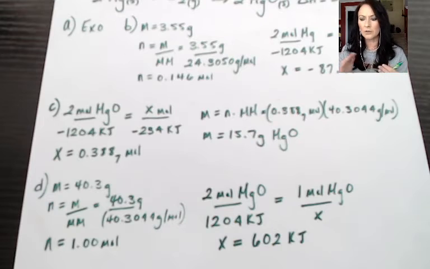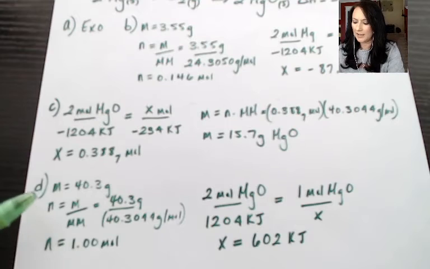So in the forward direction, magnesium and oxygen produce magnesium oxide. That's exothermic. The reverse is going to be the opposite. When magnesium oxide decomposes into magnesium and oxygen, that's endothermic. So I'm going to set up the same kind of ratio without the negative sign on my delta H this time, because it's the opposite direction. It's endothermic and not exothermic.